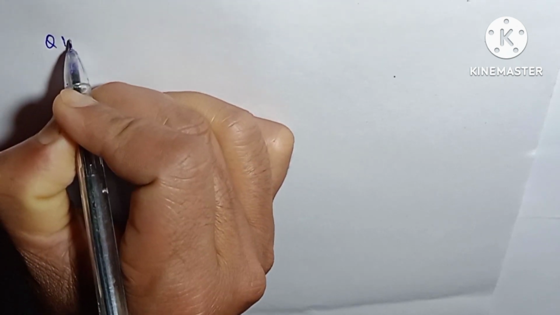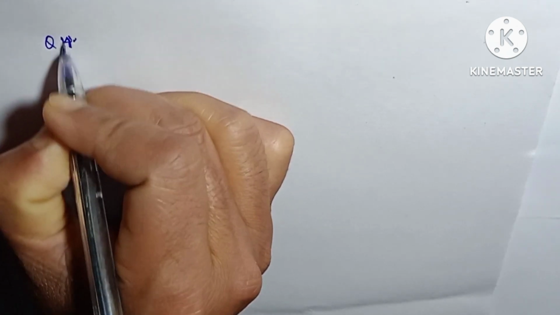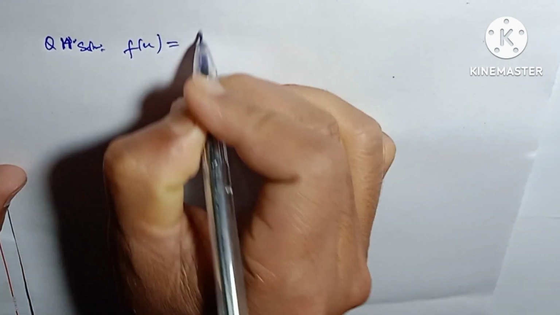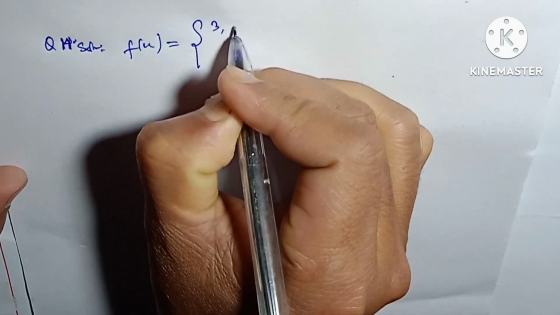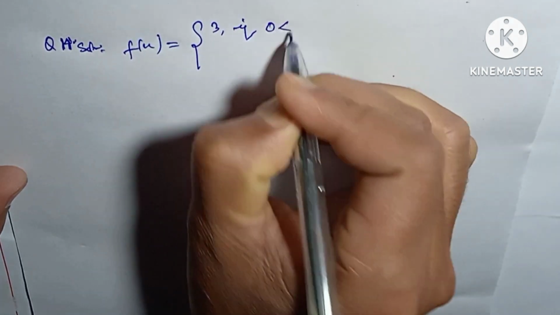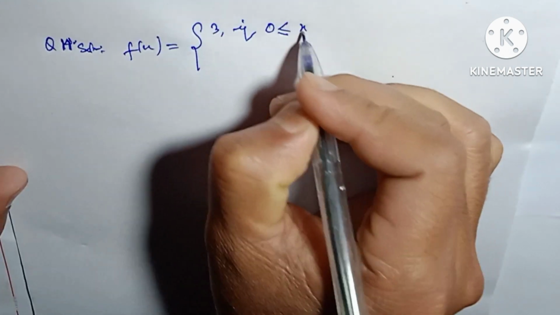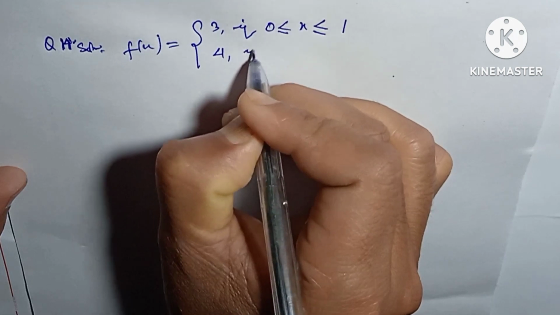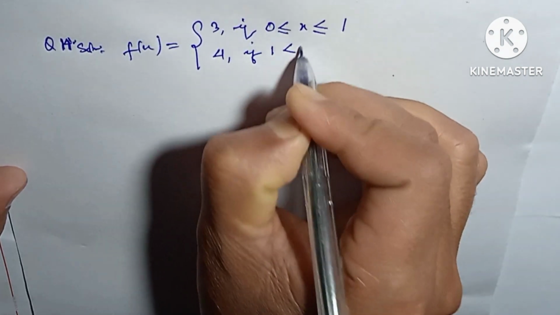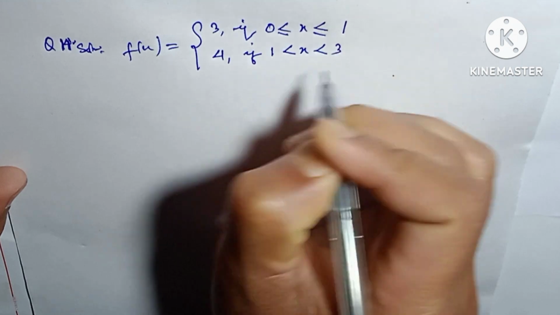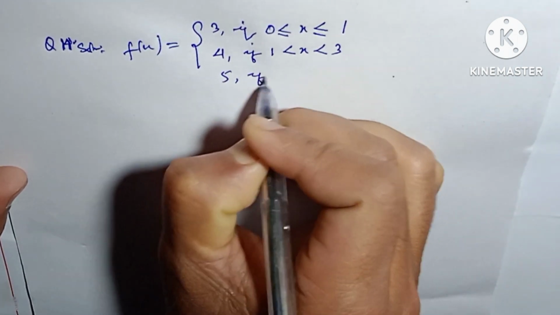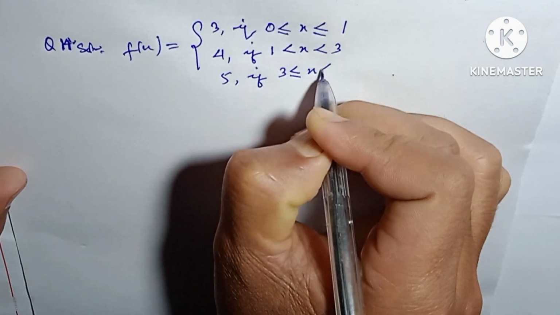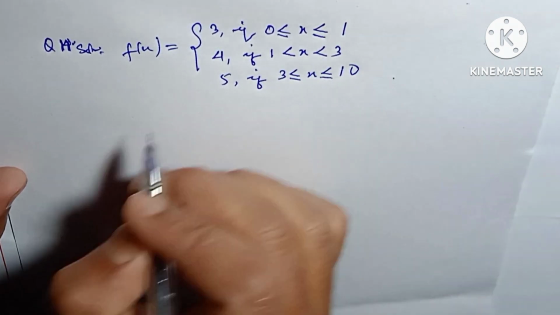Question number 14. Solution. f of x equal to 3 if 0 is less than or equal to x and x is less than or equal to 1; 4 if 1 is less than x and x is less than 3; 5 if 3 is less than or equal to x and x is less than or equal to 10.